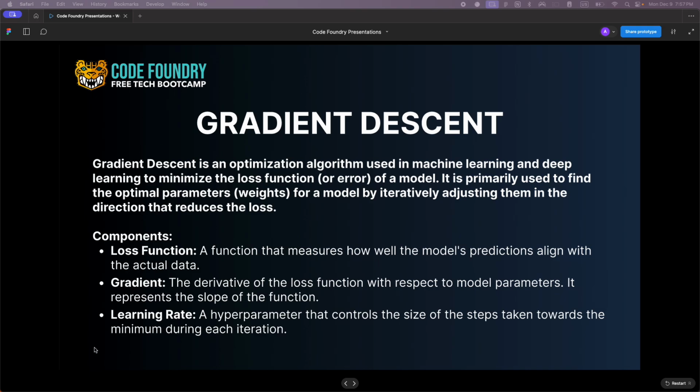The components of gradient descent are having a loss function, which is determining how well our model predicts, with high loss being a peak where we have very inaccurate data, and low loss being very accurate predictions, a valley. We have our gradient, which is a definition of how steep our slope is, right?